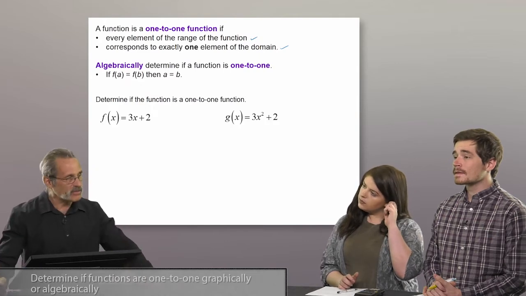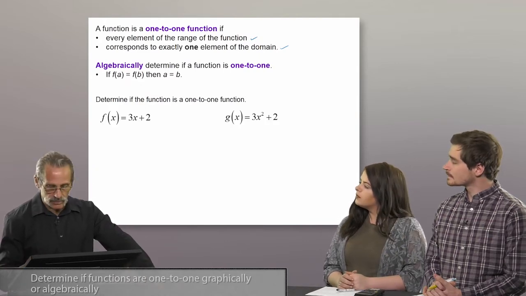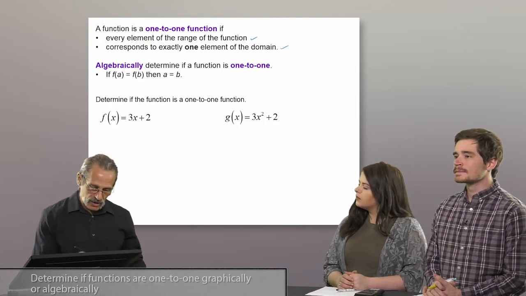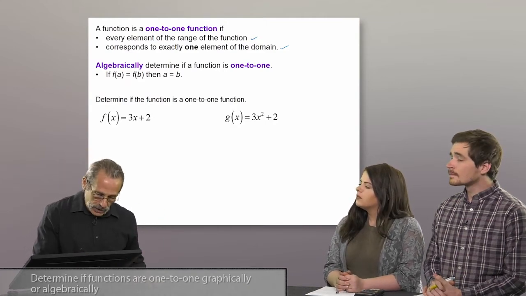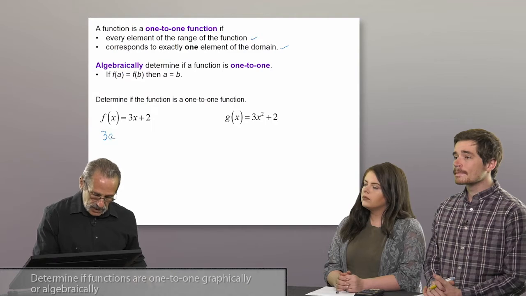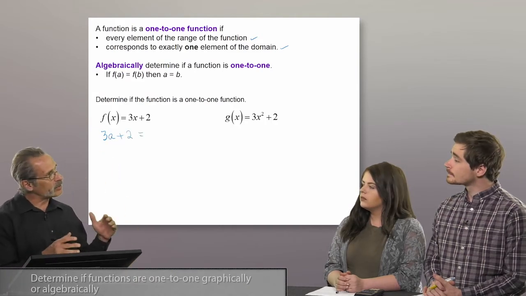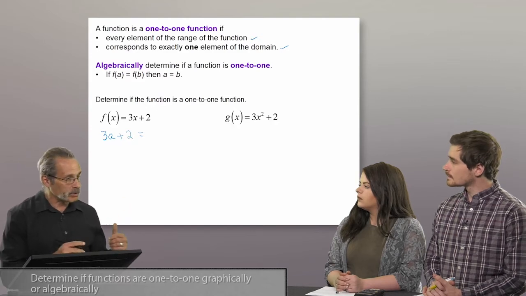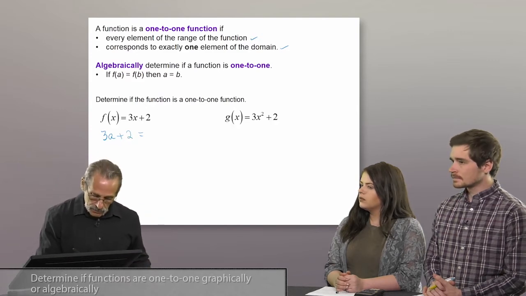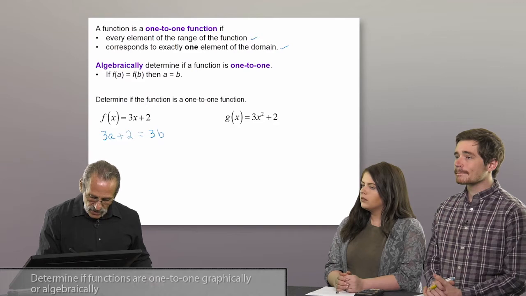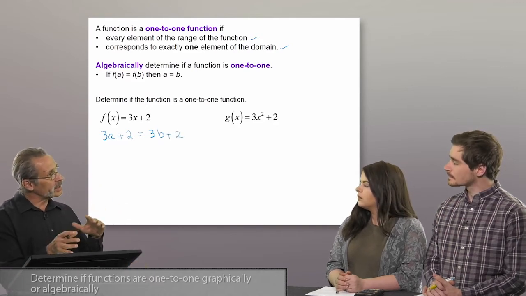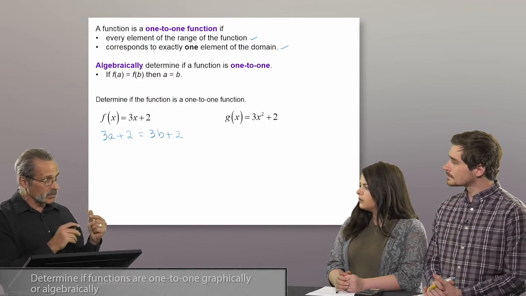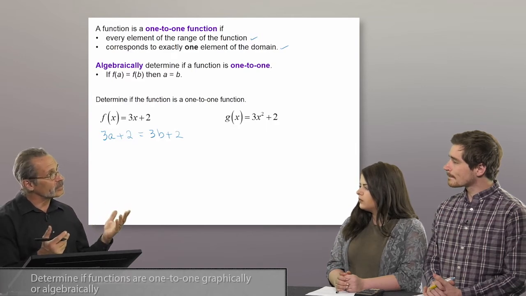So let's determine if this function is a one-to-one function. Now, the way I get 2 outputs is, since my function is 3x plus 2, I'll get one output from letting the input be A, so I'll have 3A plus 2, and the other output from letting the input be something different, like B. And what I want to do is set these equal and see if A is equal to B. And if it is, I do have a one-to-one function.